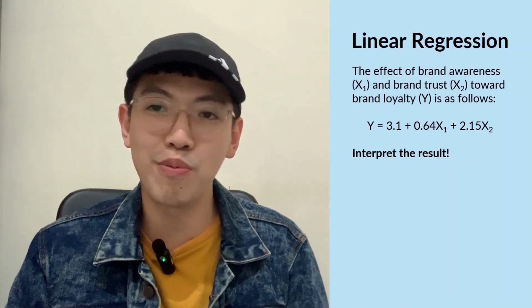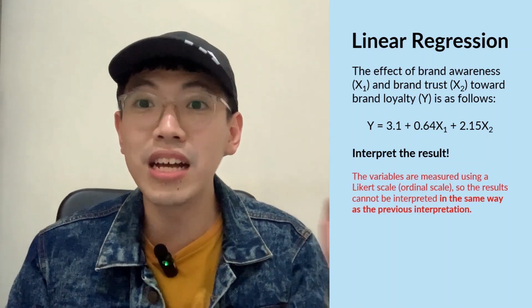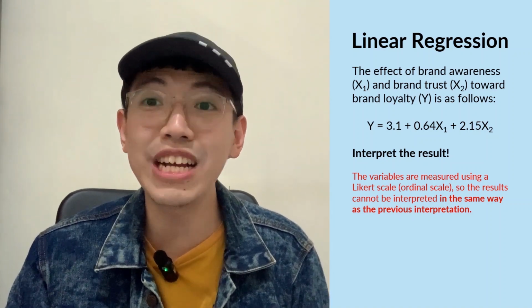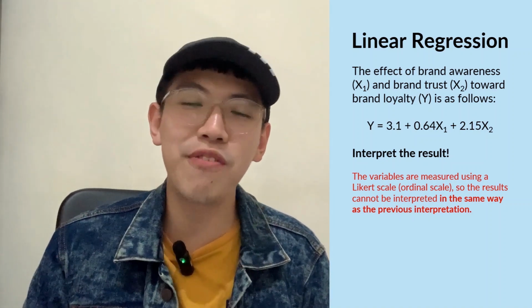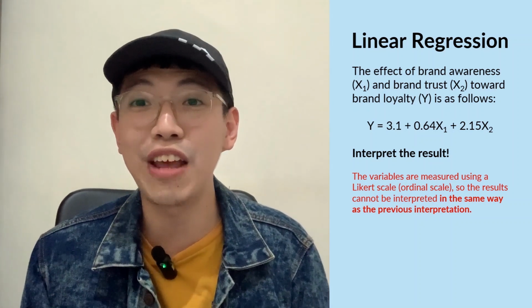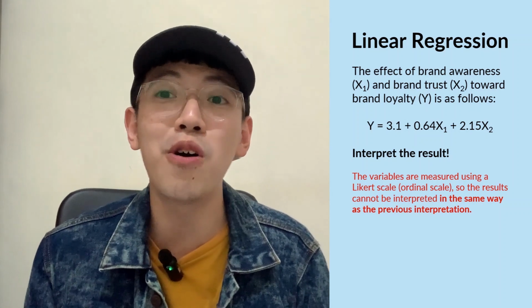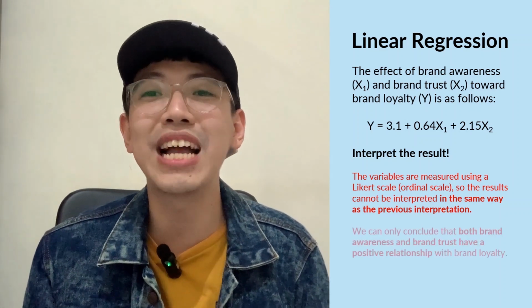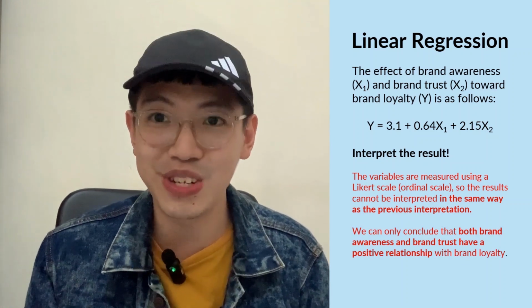We have to distribute a questionnaire to get the values, and the values are actually in the form of a Likert scale. As I mentioned previously, it doesn't make sense for us to interpret the result if it is in the form of an ordinal scale or Likert scale. Therefore, we cannot interpret the result.